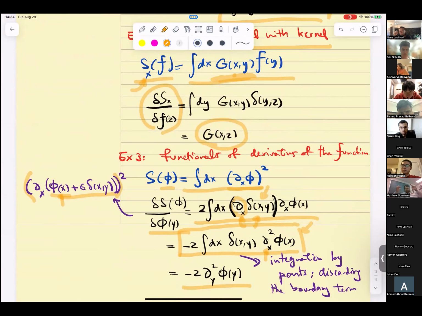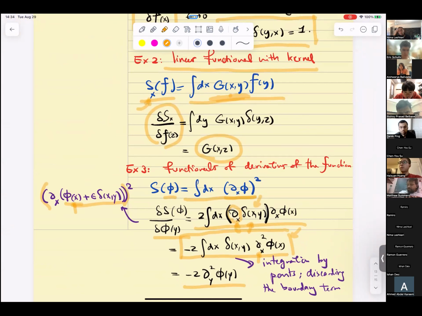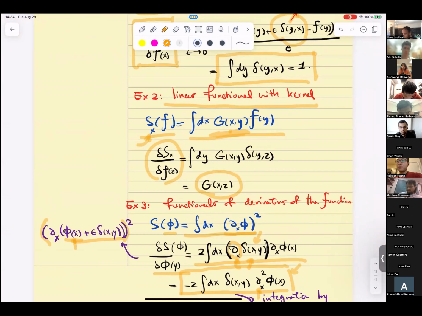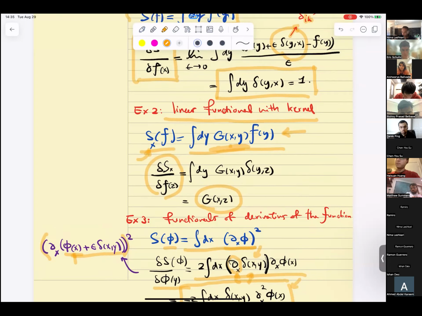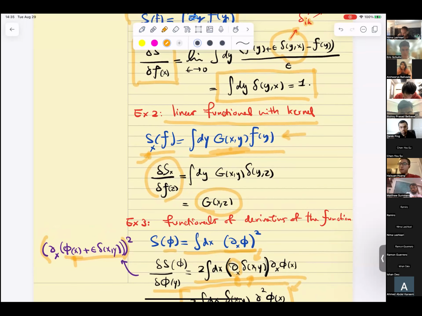All right, any questions? So in the second example, yes, for the blue expression, should the integrating variable be y or x? Oh, sorry, it's y. Thank you. That's a typo. Thanks so much. Yes. And also about the delta function, I see that in these expressions, the delta function has 2 arguments.